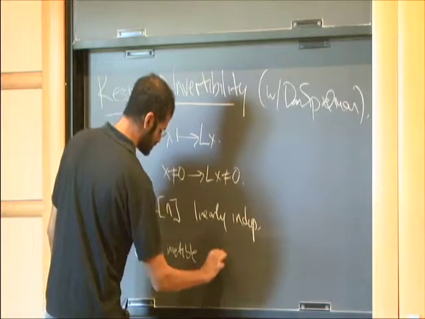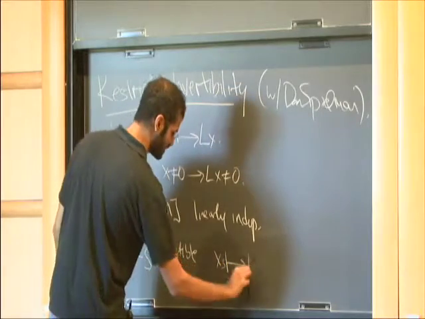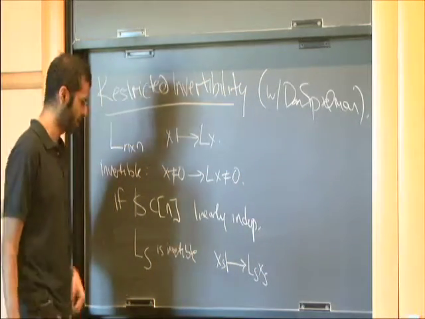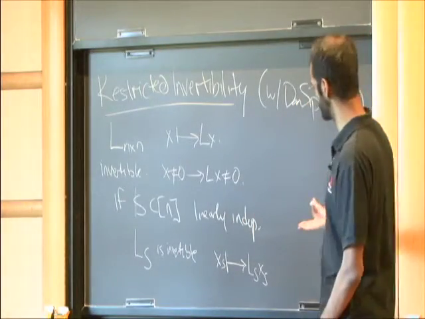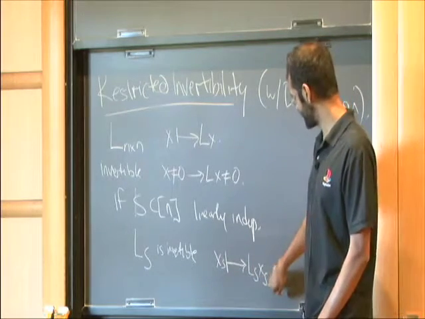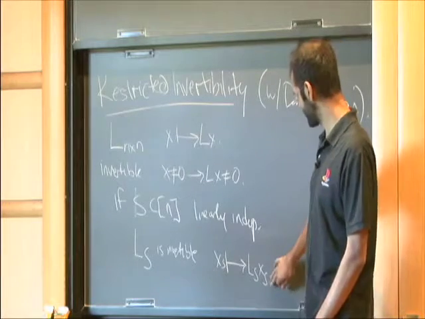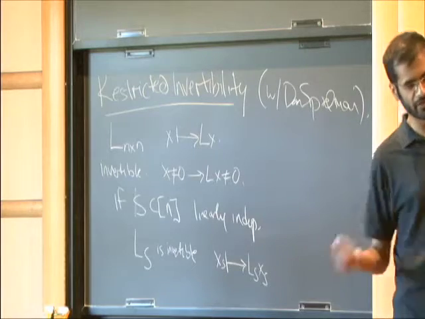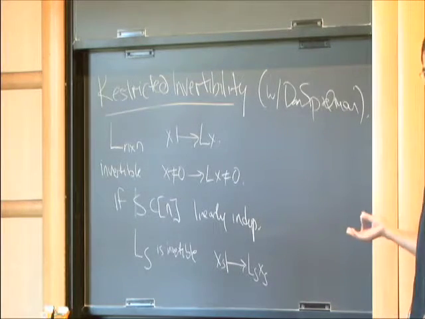If you restrict to just the coordinates in S, then this is injective. The maximal size of the subset S is equal to the rank of the matrix. So every matrix contains a submatrix of its columns, of size equal to the rank, which is invertible.